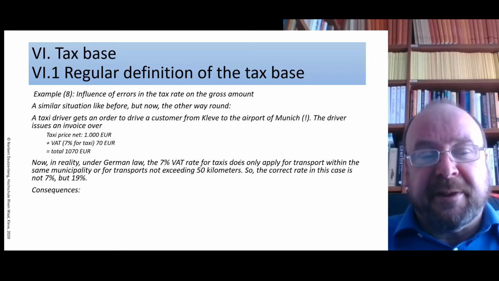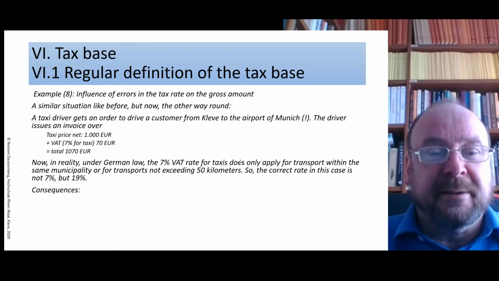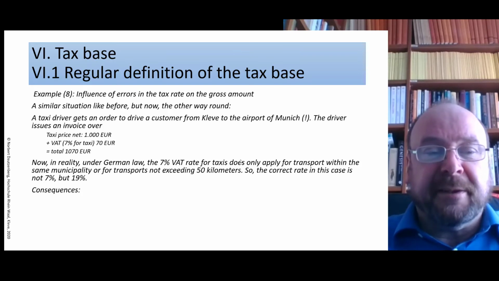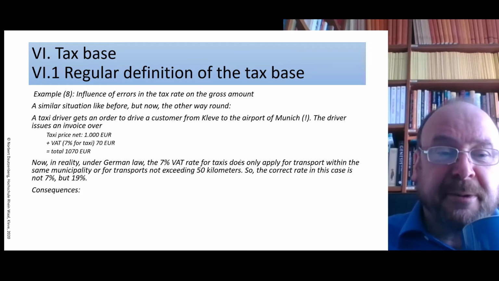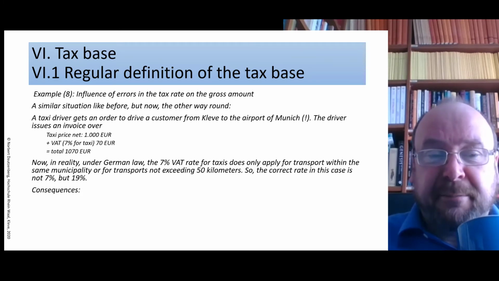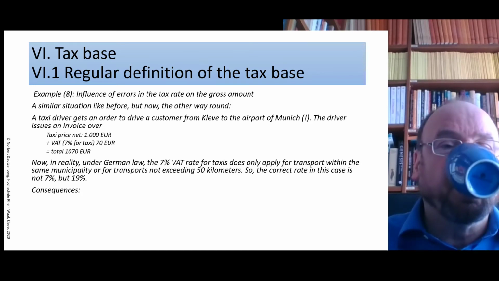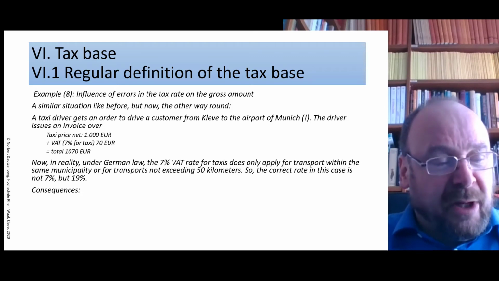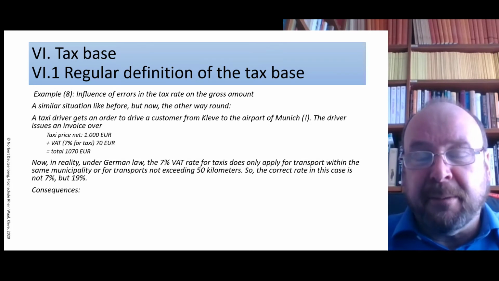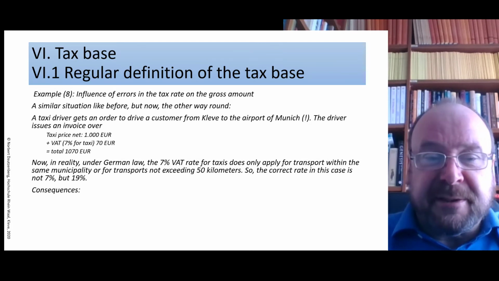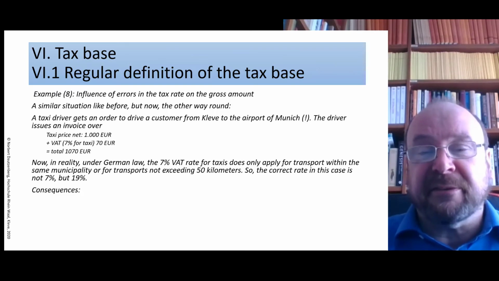Now the driver has heard that driving a taxi has a rate of 7%, but surprise, what the driver has forgotten is that the 7% rate is only applicable for public transport within the same municipality or over a distance of not more than 50 kilometers. So driving a taxi from Kleve to Munich airport is definitively a bit too far away, and so the 7% rate says, well, I'm out, and the 19% rate comes back.